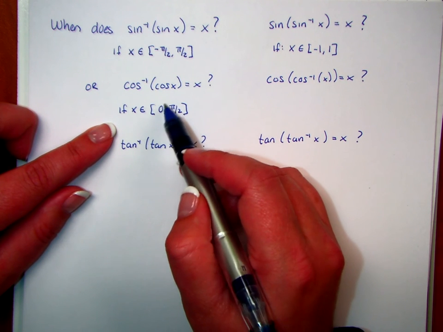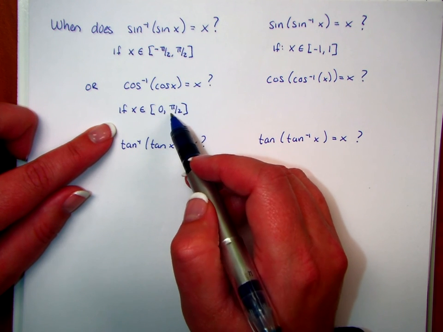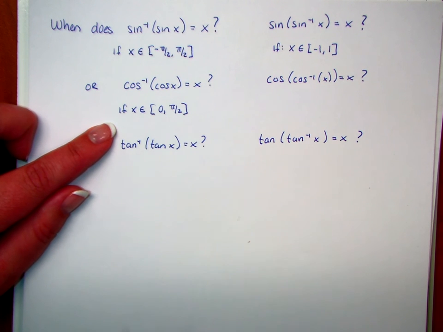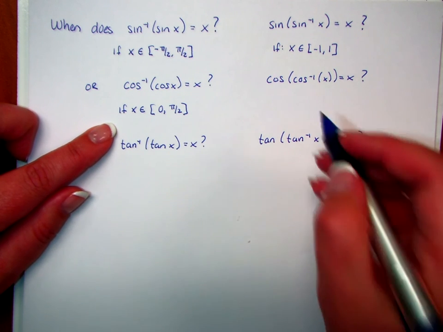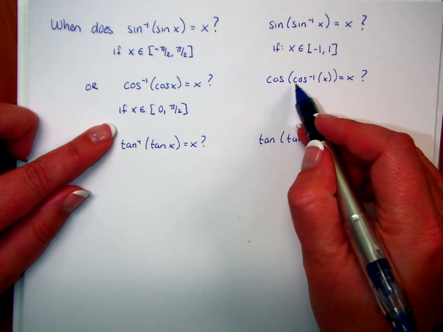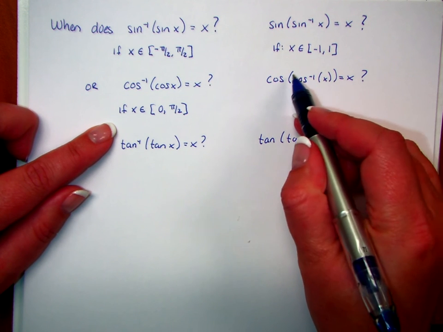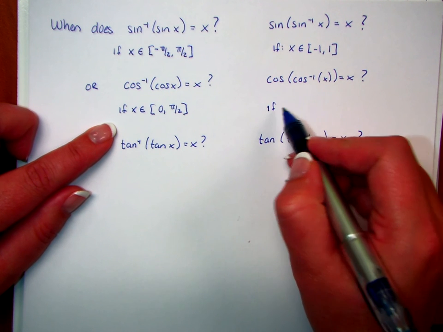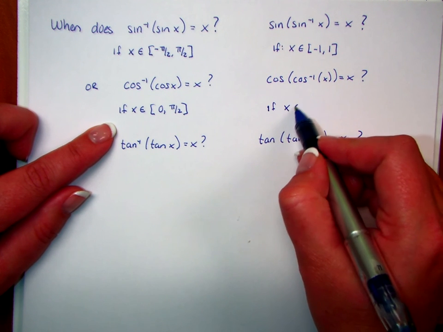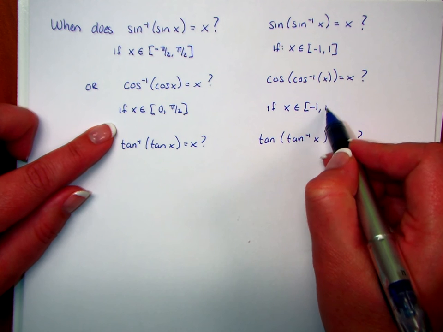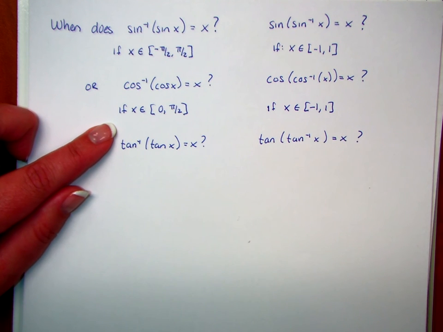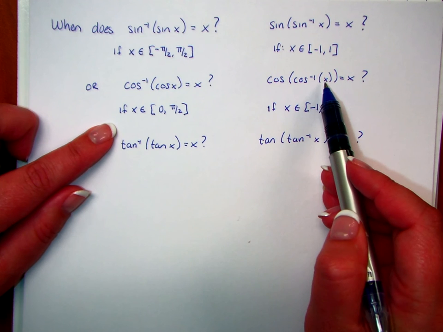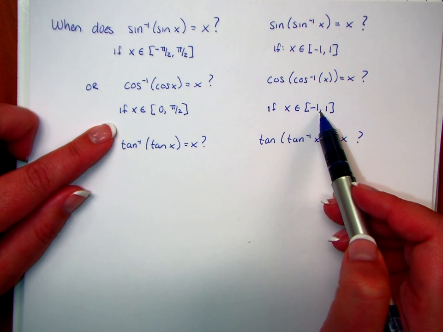If this angle is not in quadrant 1 or 2, we have to figure out which quadrant it is in and translate it to a quadrant 1 or 2 angle. Same thing here: cosine inverse is on the inside, so what is the domain of cosine inverse? It's the range of cosine, so this works if x is between negative 1 and 1.